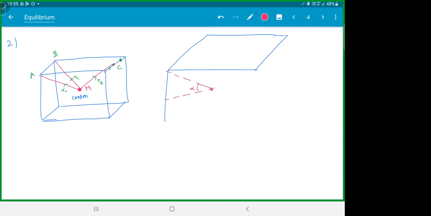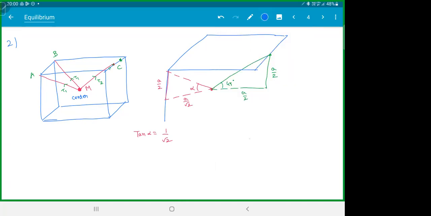This angle is alpha. This will be a by 2. This will be a by root 2. So tan alpha will be 1 by root 2. If you drop from there to the center, this is a by 2. This is a by 2. This is 45, no? Yes.